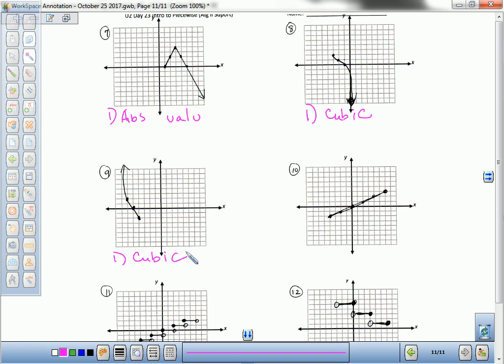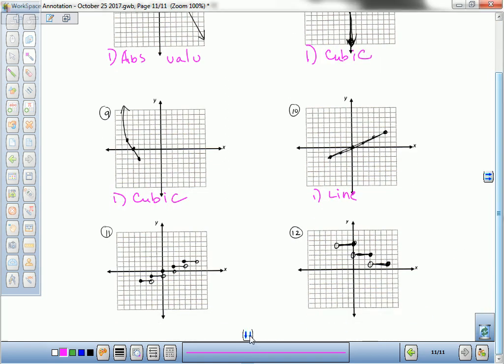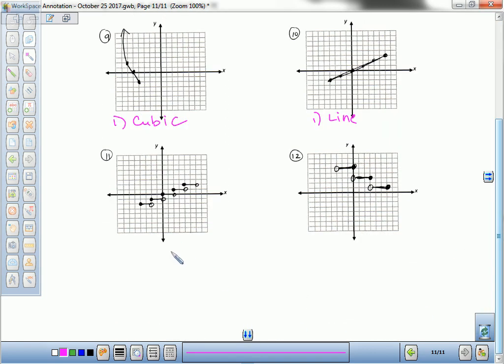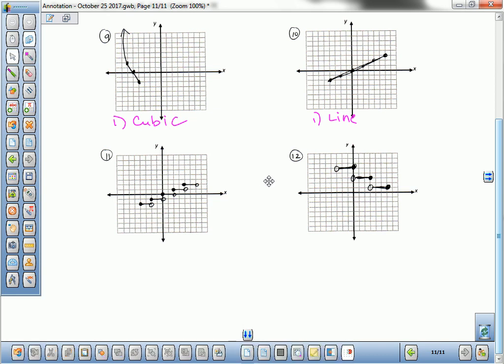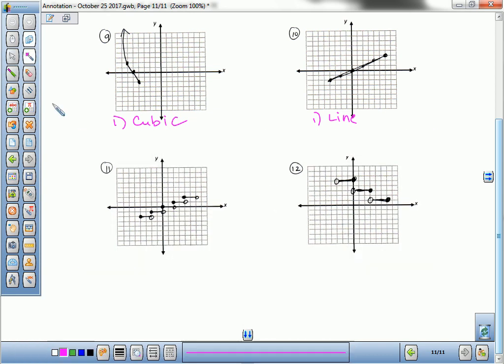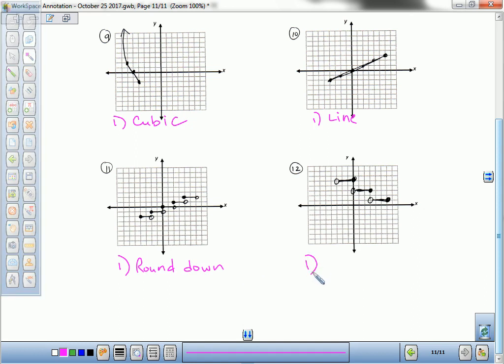So if they go up and down, they're cubics. If they go sideways, they're cube roots. Okay, number 10 is a line. If I said linear, is that okay? Yeah, if you said linear function, that's fine. This one is a round down. And this one is a round up.